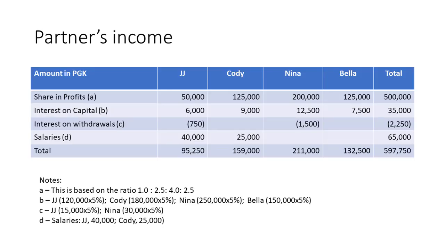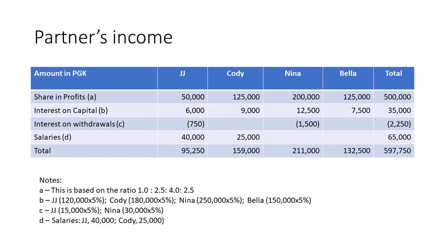To calculate, we have share in profits of 500,000, which comes from 2 million kina revenue less 1.5 million expenses. Now interest on capital will be 5% of the original contribution of the partners.